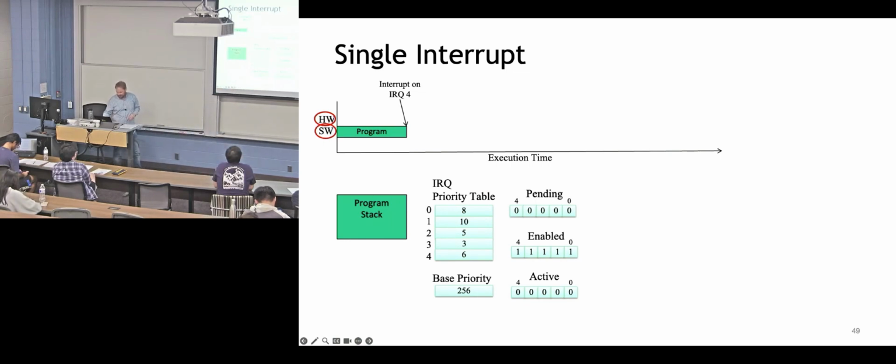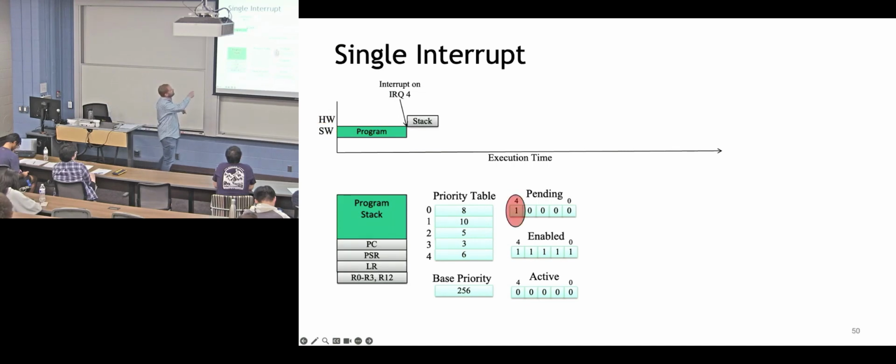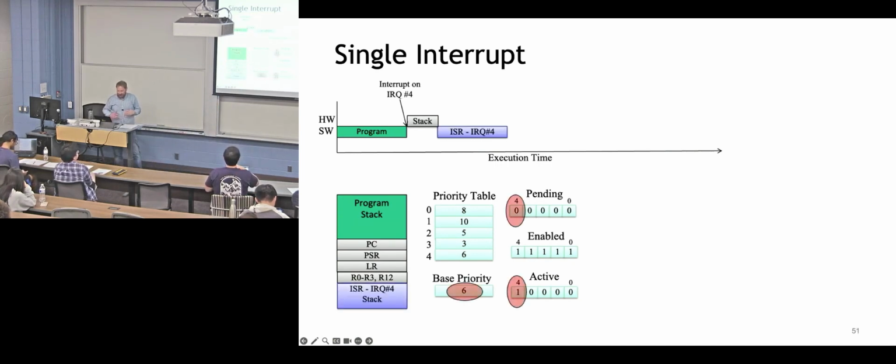Yes. Pending should get set, then stacking occurs. Hardware is going to stack your PC, your program status register, your link register, R3, R0 through 3, and R12. Then your interrupt service routine is going to go off. Your NVIC figured out where the address is, and switches your program counter to that. Now you're executing that stuff.